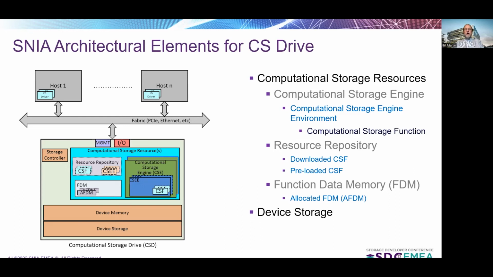Finally, in this model, we have the device storage. The device storage is the physical storage where you write or read your data from. It is NAND flash or something else of that nature, depending on what the nature of your computational storage drive is.